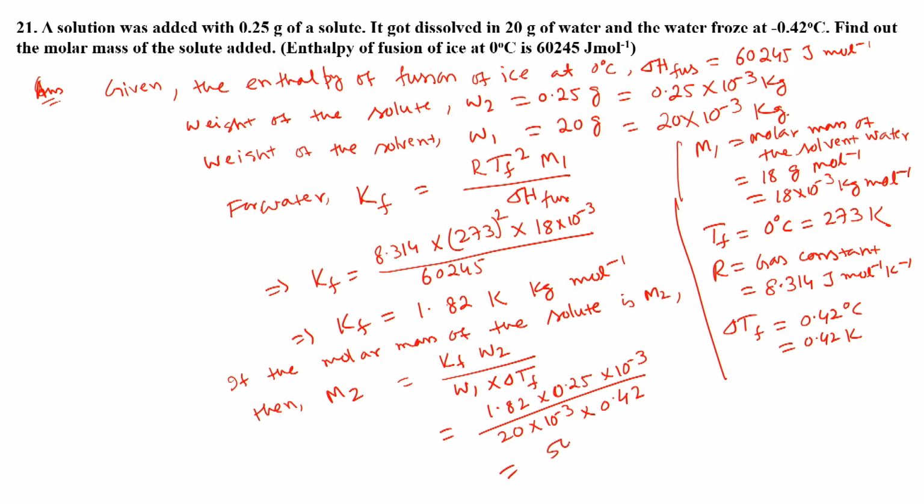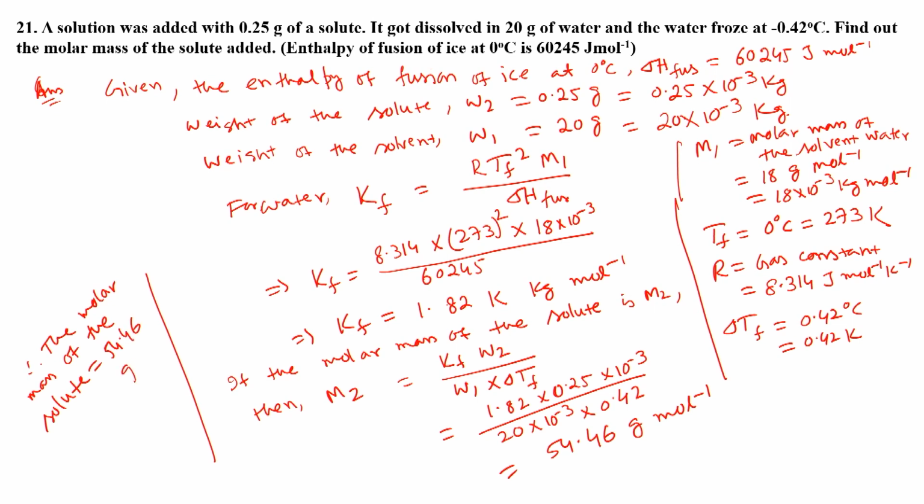The value of M2 is 54.46 gram mole inverse. Therefore the molar mass of the solute is 54.46 gram per mole.